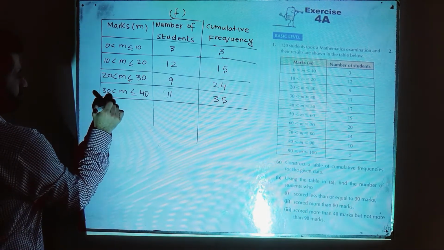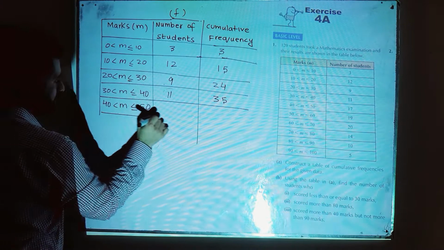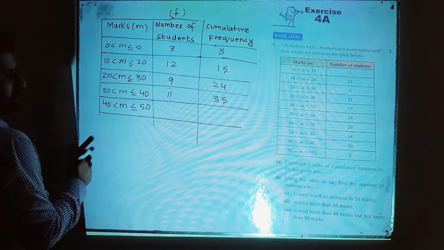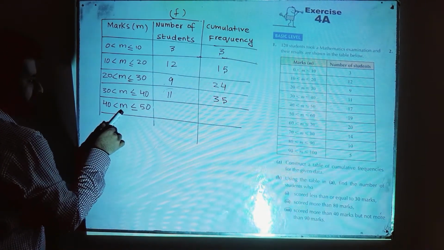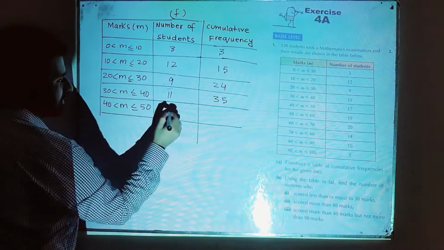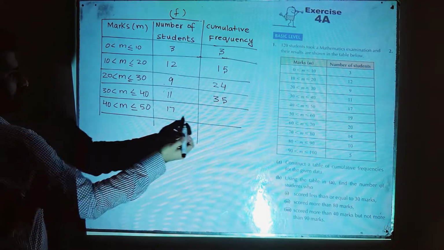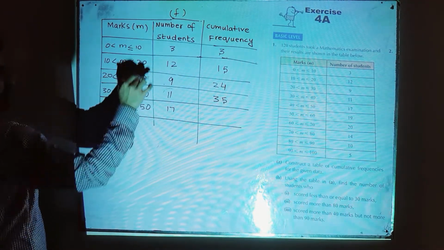Next is 40 < M ≤ 50, and in this class we have how many students from 40 to 50? 17. And cumulative frequency will be addition of all these frequencies.